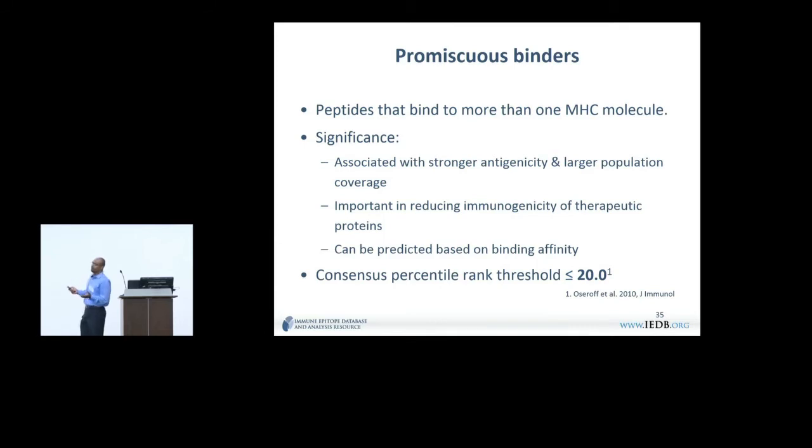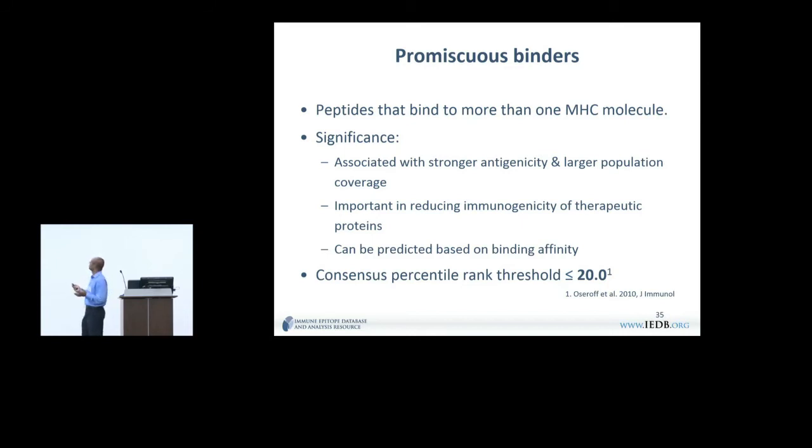So this can be used for finding the more immunogenic regions, and you can reduce the immunogenicity by mutating this region, in the case of therapeutic proteins.